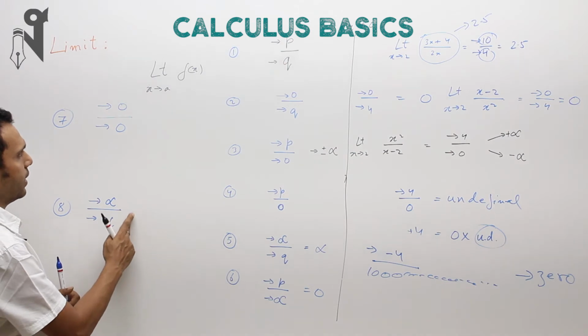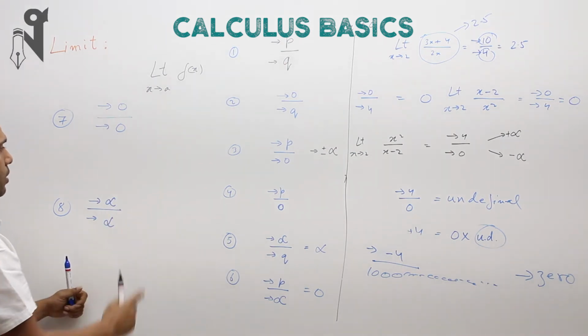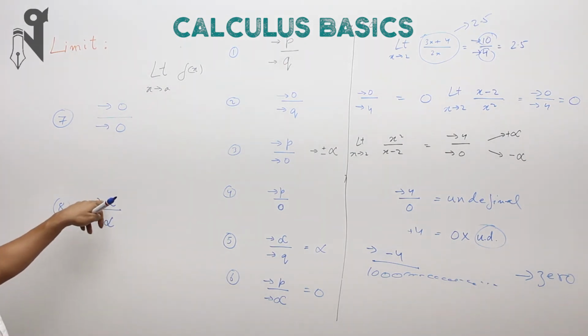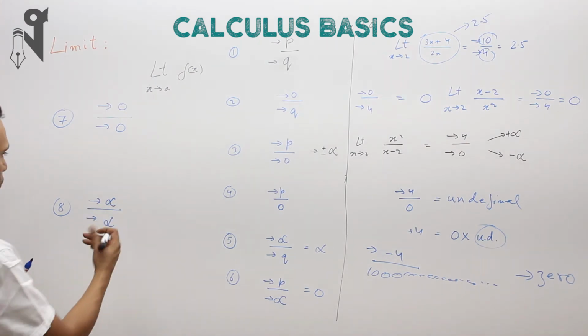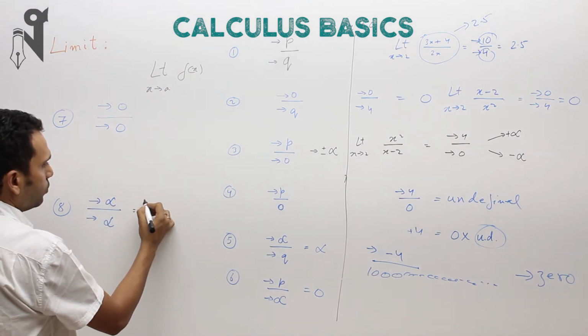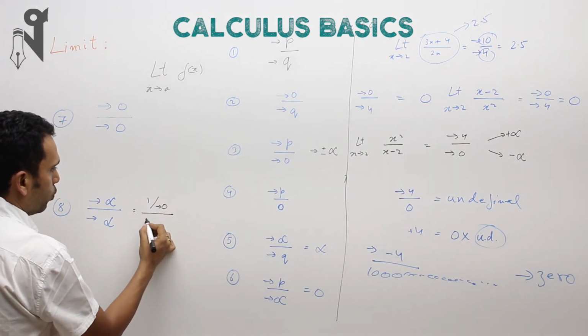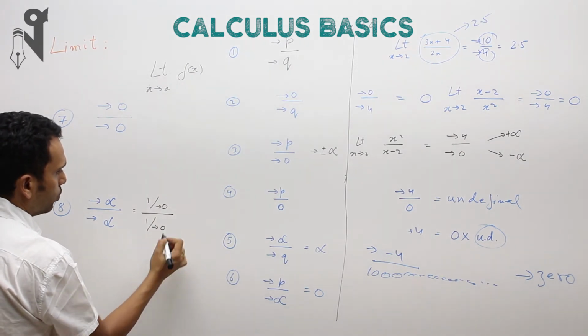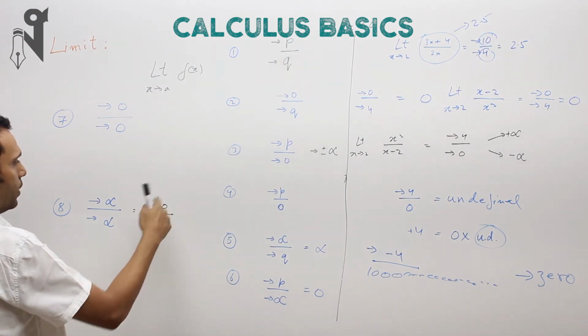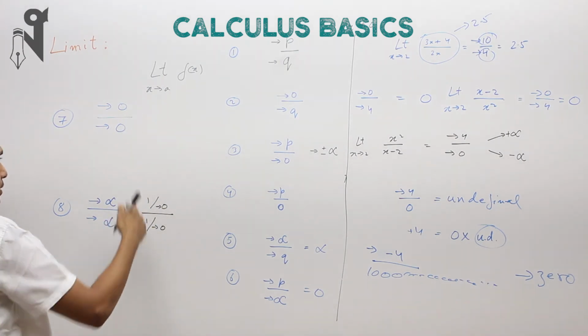And in fact, this case and this case are almost the same case, because we can write infinity as 1 by something tending to 0. 1 by something tending to 0 divided by 1 by something tending to 0, and this goes on top and that goes on bottom and becomes the same case as this.